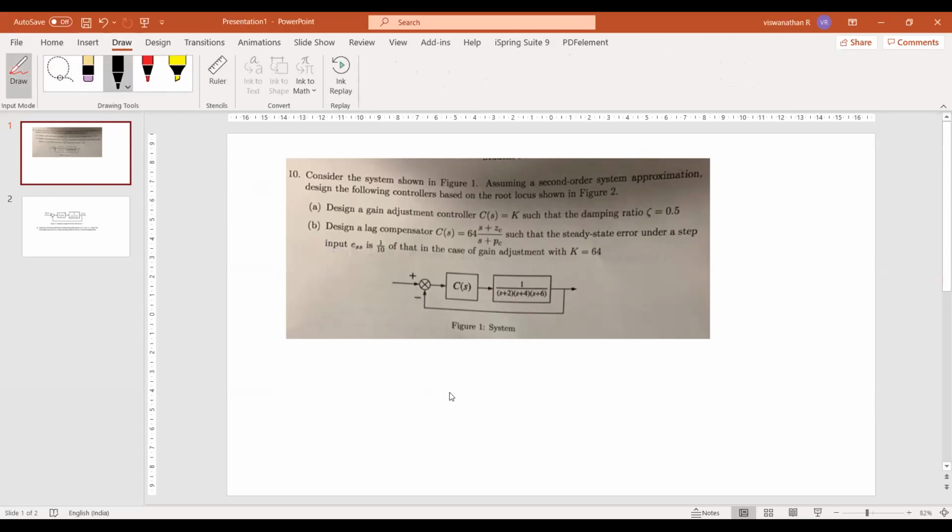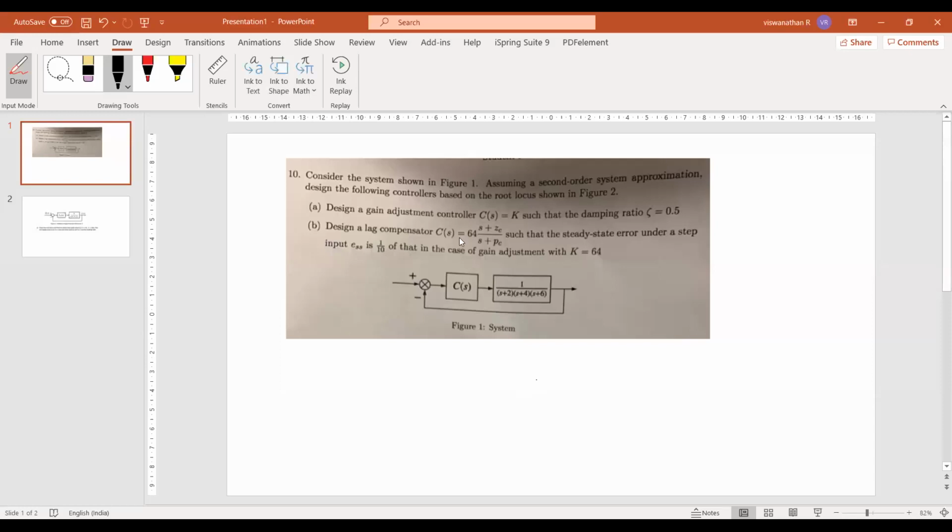So how do you convert this into a second order system? What do you do for converting this into a second order system? You have to multiply with the gain, sir.